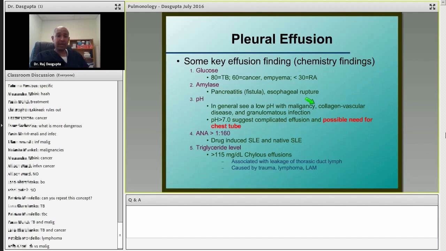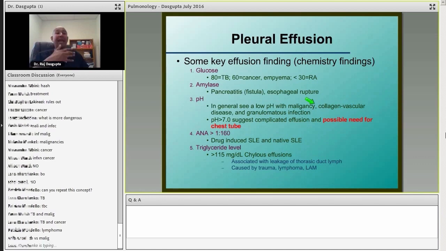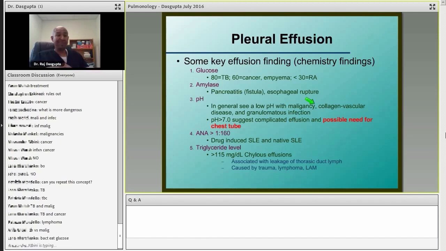Other things I would look at, the glucose. And remember, anytime you look at a glucose in any body fluid, the CSF, the peritoneum, the pleural space, you always want to compare it to serum glucose. But rule of thumb, a very low glucose in the pleural fluid is not a good thing.